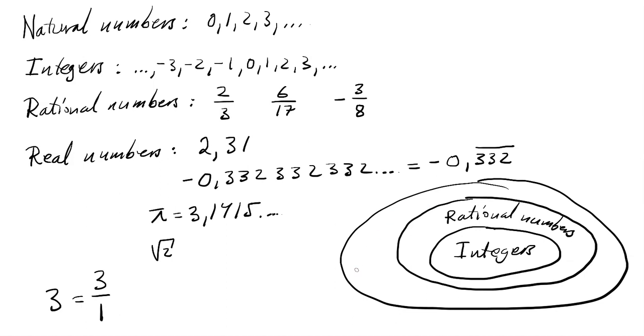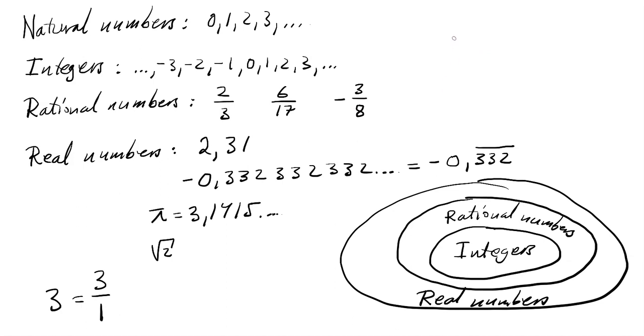And then, outside that, we have the real numbers. The real numbers are all the numbers outside, but also including the rational numbers. So real numbers are all numbers we know. So they contain rational numbers. So all the rational numbers, for example these 3 here, can of course be written as decimal numbers.